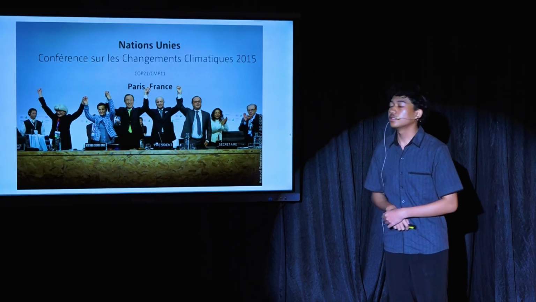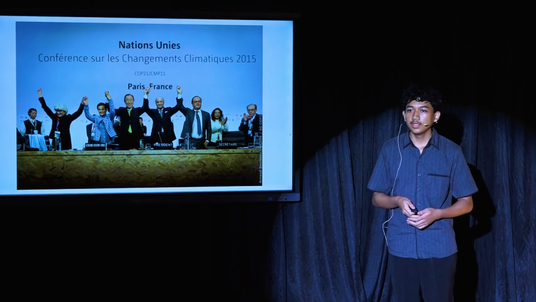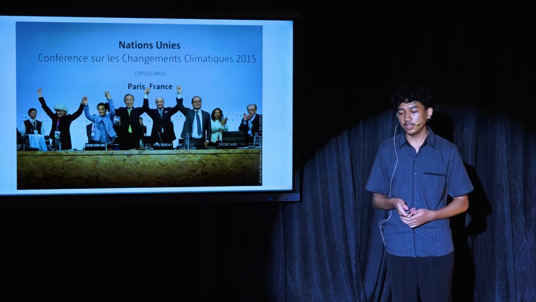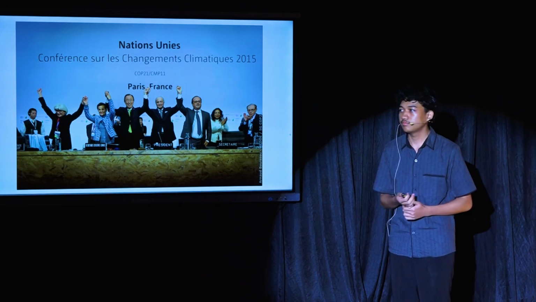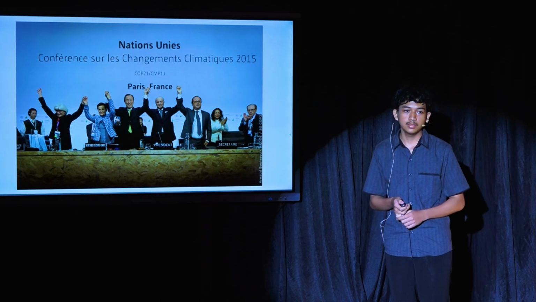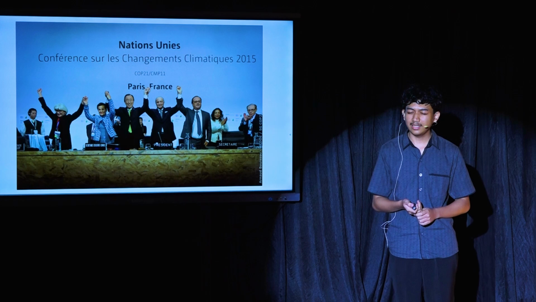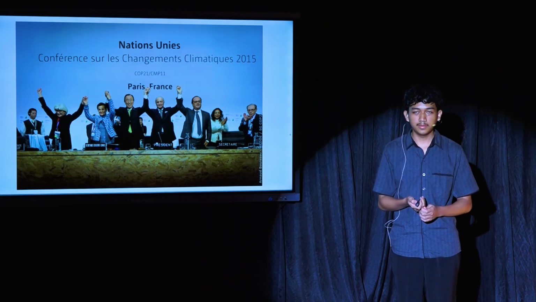The first one, the global community needs to encourage each country to implement stringent regulations and promote sustainable practices. This image is the Paris Agreement, a legally binding international treaty on climate change.